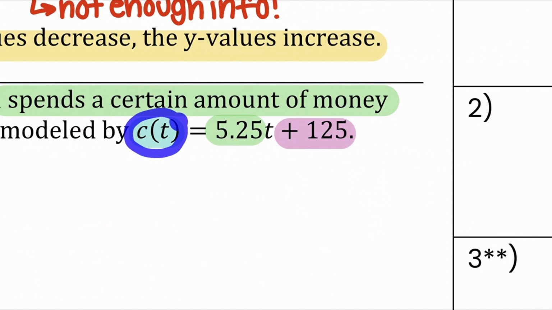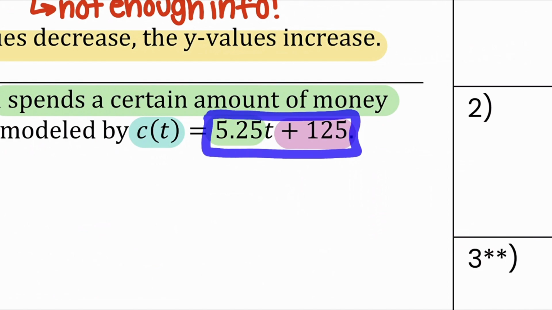So the total cost it costs the company to make these T toys, they first have to pay a startup cost of $125, and then for each toy that they make, they have to pay $5.25 to make. So adding those two values together will give us the final cost to the company for manufacturing T toys.